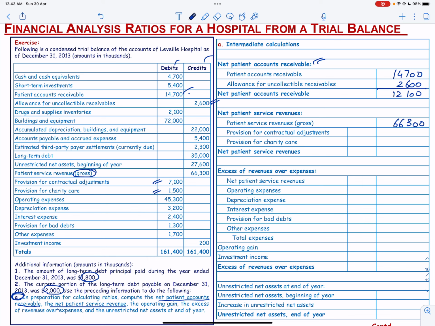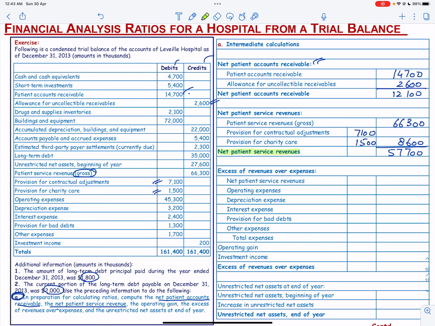So both provisions are going to be subtracted, 7,100 and 1,500, that is 8,600. So the net patient service revenue is 57,700, and this will be used in the discussion to follow. So I just make a mark over here.